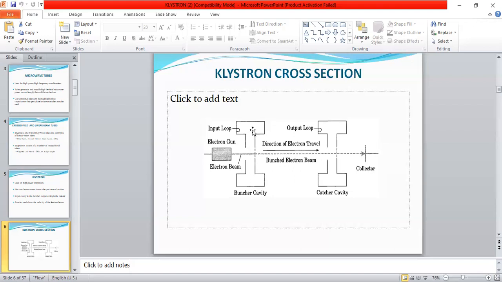Now, the velocity modulation process takes place in the buncher cavity. What is the velocity modulation process? The electron beam is already traveling with a constant velocity before entering the buncher cavity.